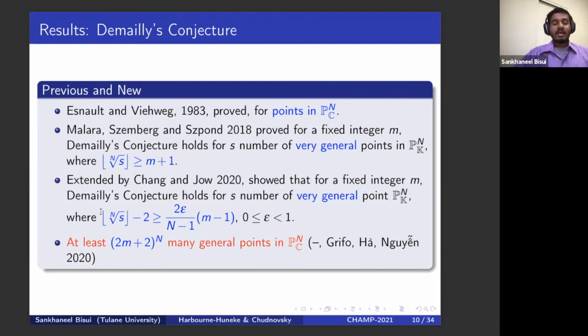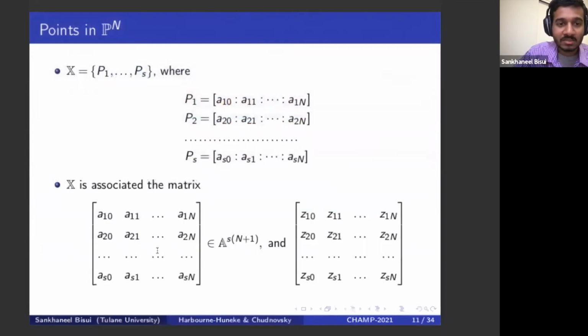So in our recent work with Eloísa, Tài Hà, and Thái Nguyên, we proved that Demailly's conjecture holds true for at least (2m plus 2) to the power n many general points in P^n_C. Now, I have said the words general and very general too many times. I'm going to give an introduction and define what I meant by general and very general points.